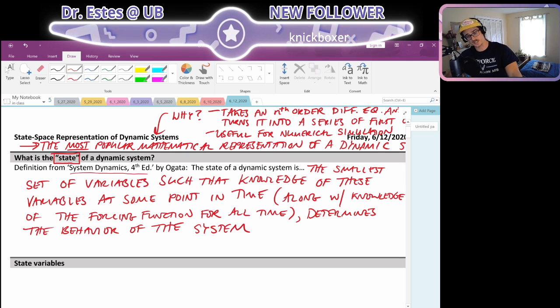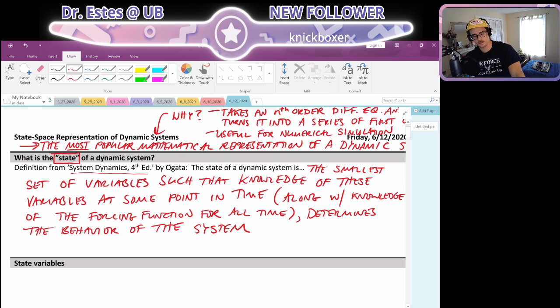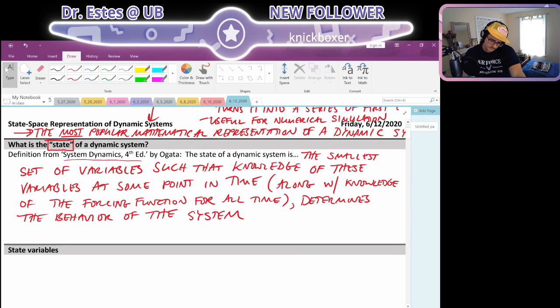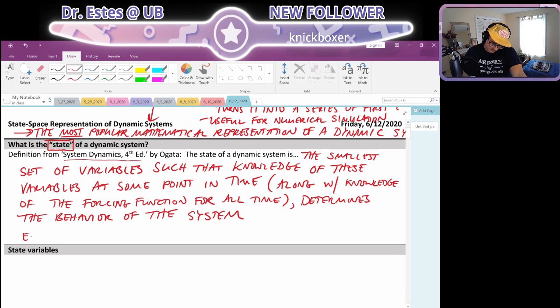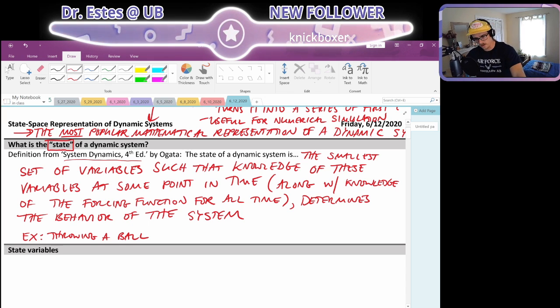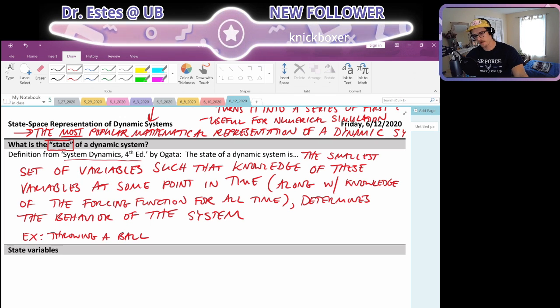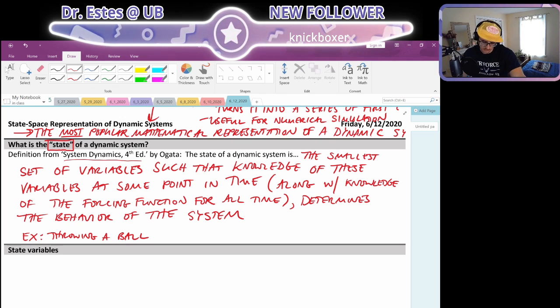I know this definition is a little wordy, so I want to give you an example. Throwing a ball. Let's say I'm standing out in a field and I'm throwing a ball. Let's talk about the state of this ball.